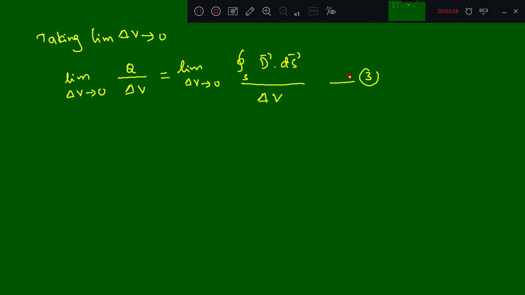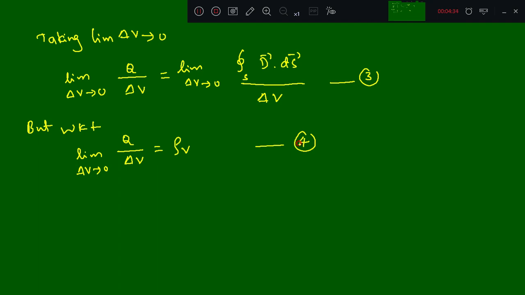But we know that limit delta V tends to 0 of Q divided by delta V is nothing but the volume charge density, that is rho V. This you can call equation number 4.